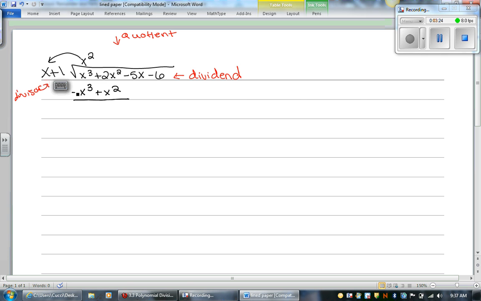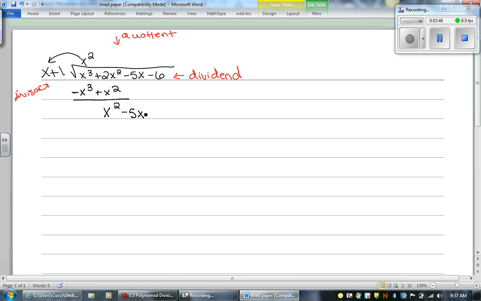From here we're going to subtract that. Remember, when you're subtracting polynomials, you got to distribute that through. So x cubed minus x cubed, those first terms should always cancel. And then 2x squared minus x squared gives us 1x squared. And we drop the next term, minus 5x.